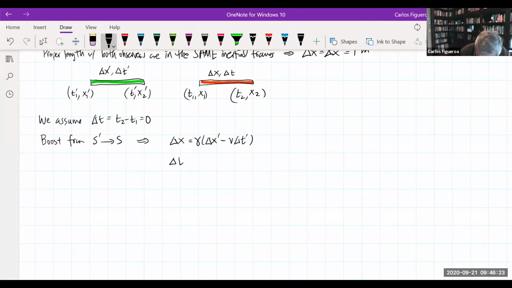And we also know that I can't not talk about time. I must talk about time. Okay? I must talk about time. By the way, I think I need plus signs here, right? So then I'm going to get v over c squared delta t prime here.